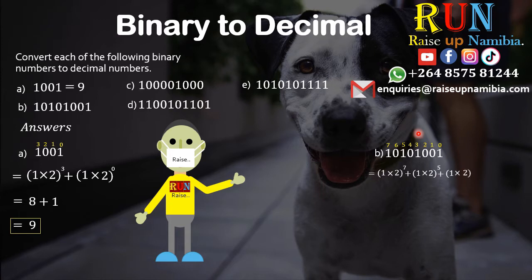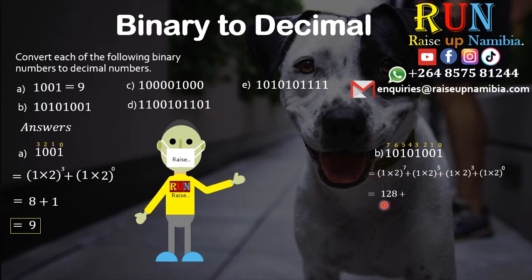Plus 1 multiplied by 2 raised to the power what? To the power 3. Okay, so we write down the 3. Then again we add. Now here there is a 0, we ignore this 0, we also ignore this 0, and then we have a 1 over here. So we write down that 1 multiplied by 2 raised to the power 0.